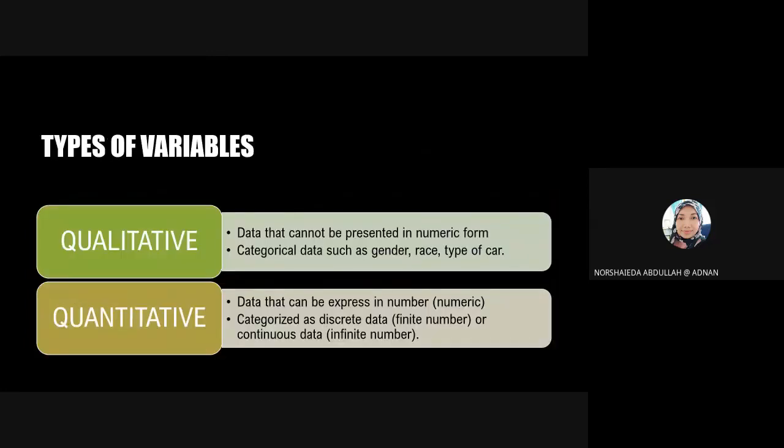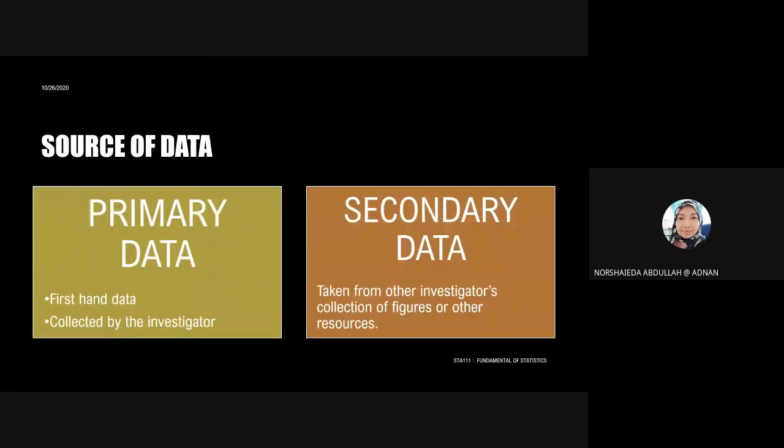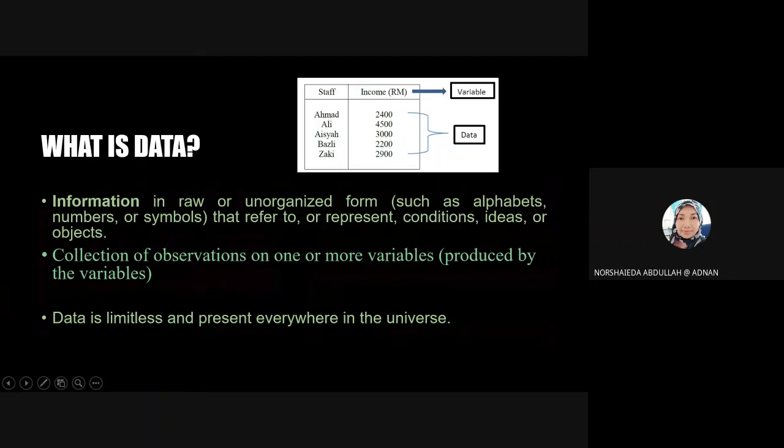For example, for the earlier example, if we get the value of the income by asking the respondents directly, Ahmad, Ali, Aisha, Bazli, Zaki, how much their income is, it will become primary data. We got the data from the primary source.